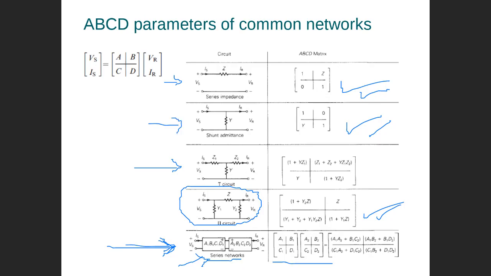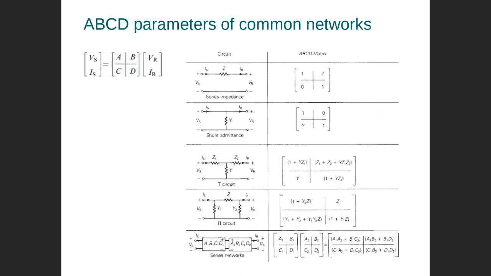This one is represented as Y1, Y2 on both sides, so Y over 2, Y over 2. Because of Y1, Y2, we can represent this Y in two parts, one on one end and one on the other end. This part here also has Z1, Z2, another circuit.